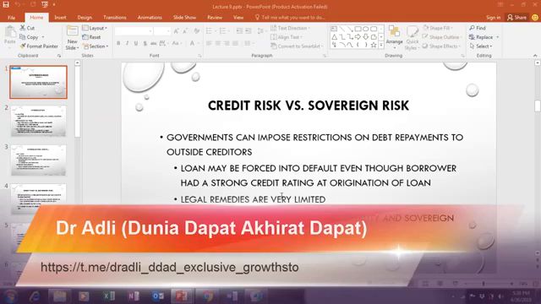So that's why we had to impose the capital control. The same thing applies if other countries do the same, with restrictions on debt repayments. For example, country A says to all the companies borrowing from outside, don't pay your debt first.